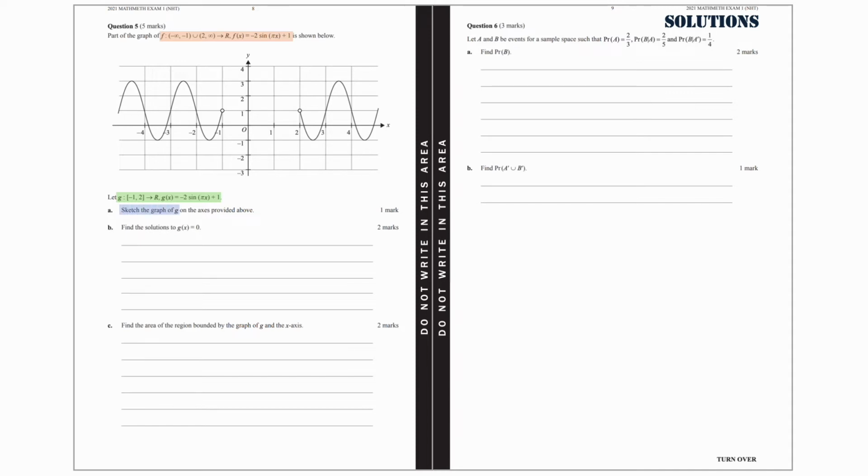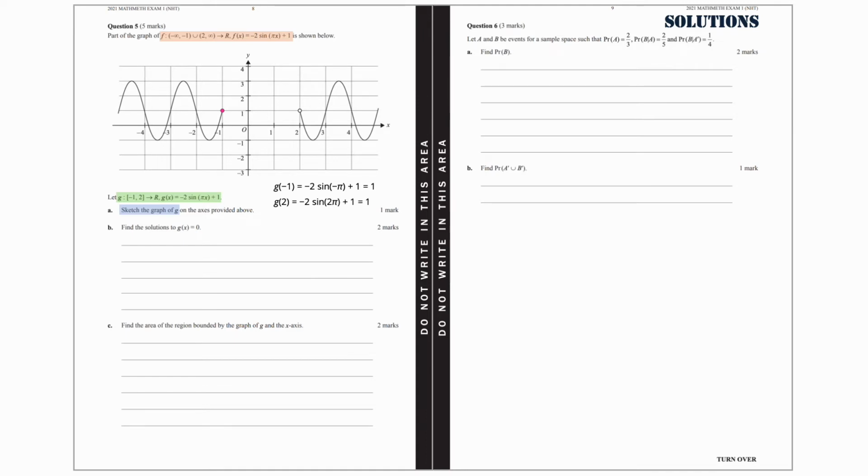Part A. Sketch the graph of g on the axis provided above. First, we need to calculate the values of g at the end points. So g of minus 1 equals 1, and g of 2 also equals 1.